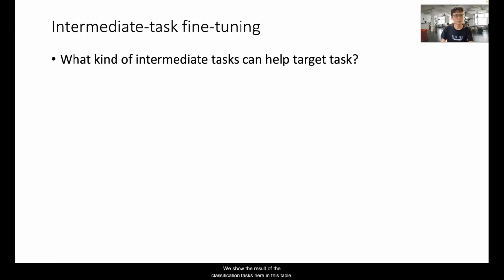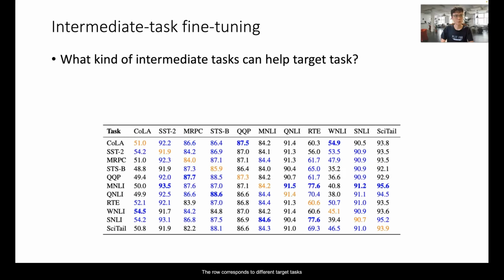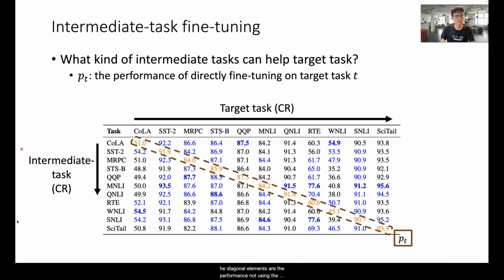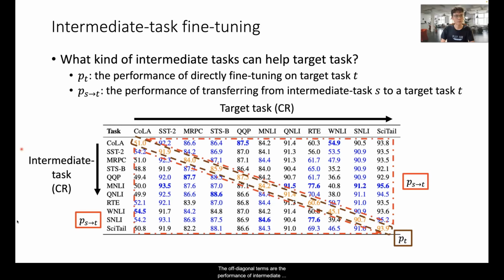We show the result of classification tasks here in this table. The rows correspond to different target tasks, and the columns correspond to different intermediate tasks. The diagonal elements are the performance not using the intermediate task fine-tuning, denoted by PT. The off-diagonal terms are the performance of intermediate task fine-tuning.